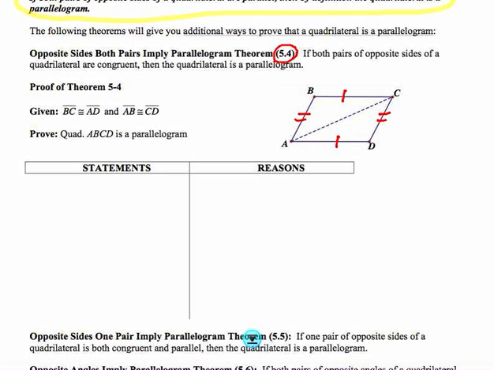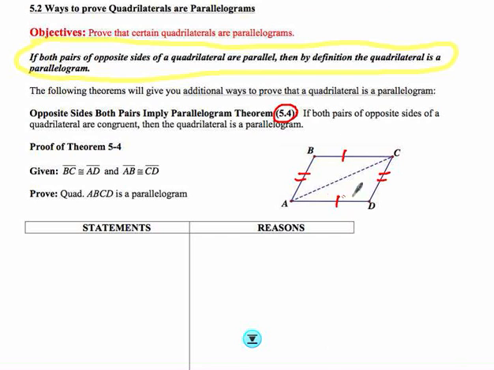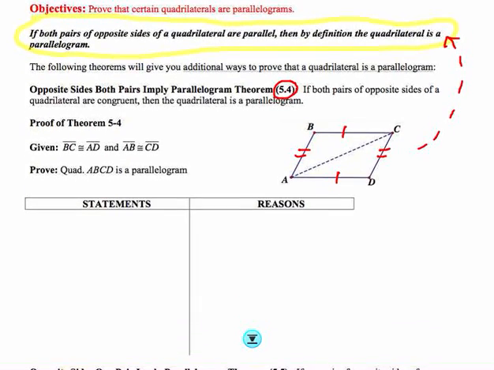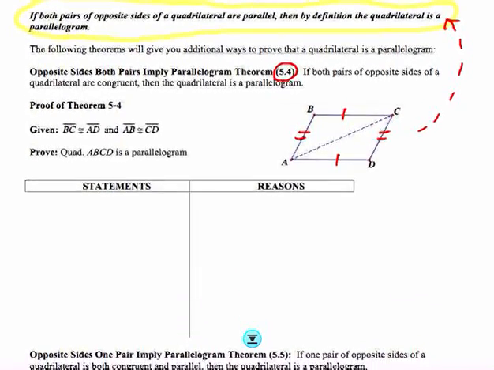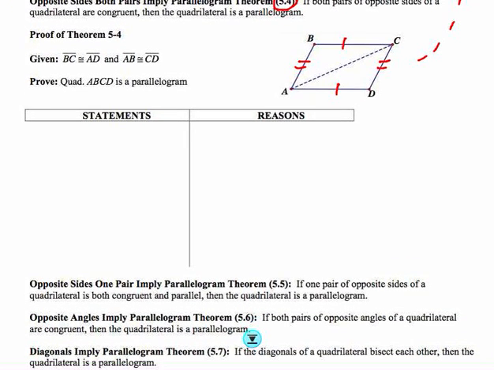What we need to do is prove that having both pairs of opposite sides congruent will allow us to show that both pairs of opposite sides are parallel, and this in turn, by definition, shows that the figure is a parallelogram. As we've been doing, we're going to use congruency of triangles.